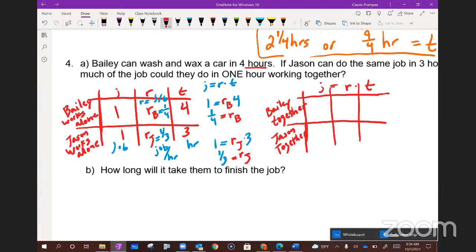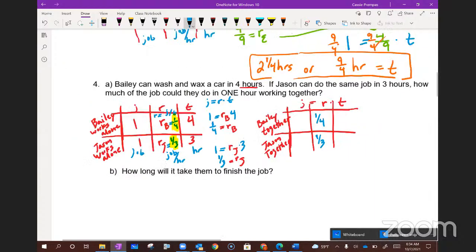Now, as I said, their rates are going to be the same because working together or working alone, the rate that they can complete the job is equivalent. So I know that Bailey works on the job and she can complete 1/4 of the job per hour. I know Jason working on the job can complete 1/3 of the job per hour.